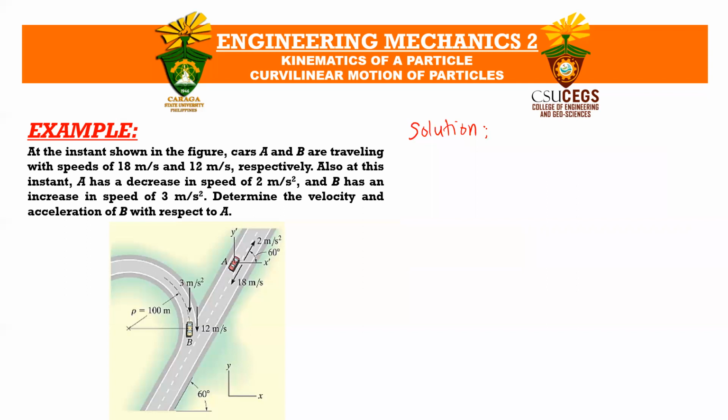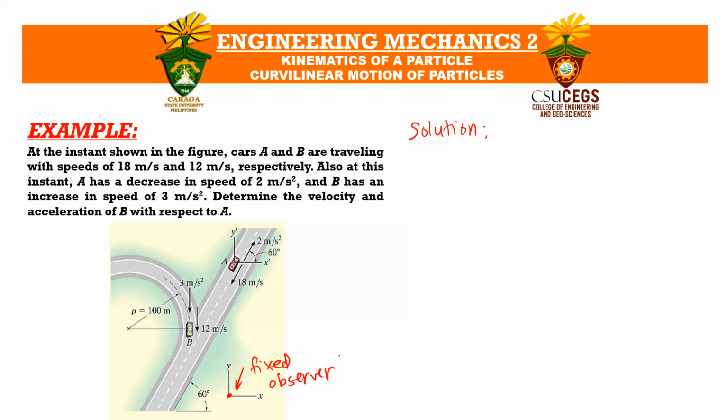So here on your figure, we have the X and Y axis here. So this would be considered as your fixed reference frame or your origin. So this is where the fixed observer is located.